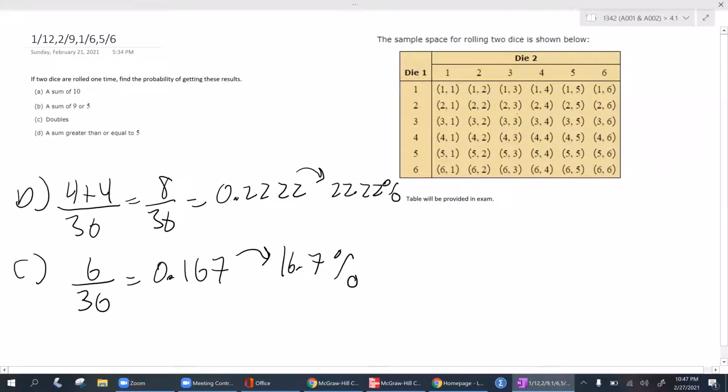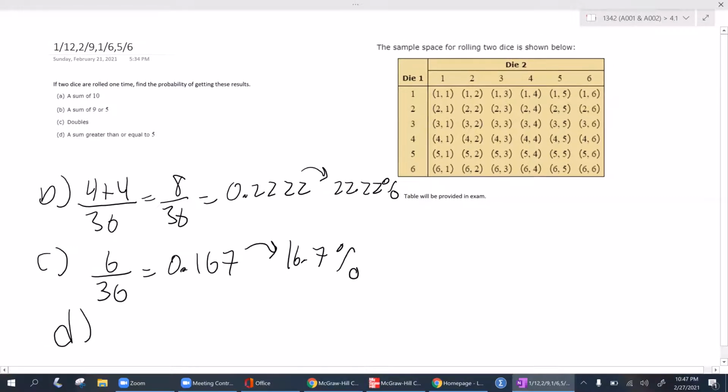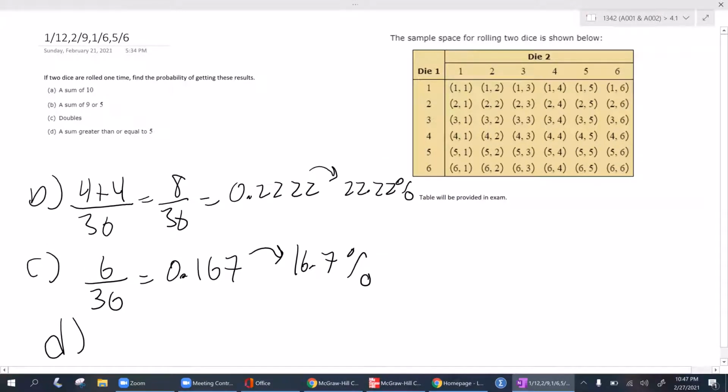And last but not least, the sum being greater than or equal to 5. The probability of the sum being greater than or equal to 5 is everything that is 5 itself or greater. If we count these, that is 3 by 6 on this first part, 3 by 6 gives me 18, 19, 20, 21, 22, 23, 24, 25, 26, 27, 28, 29, 30.